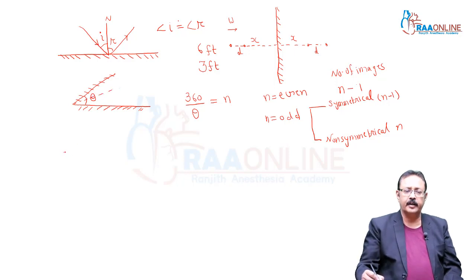If this is one mirror, this is the second mirror, and this is the angle bisector, meaning this angle should be equal to this angle. If your object is situated at the angle bisector, then we say it is symmetrical to both mirrors. If the object is in this position, it is symmetrical.